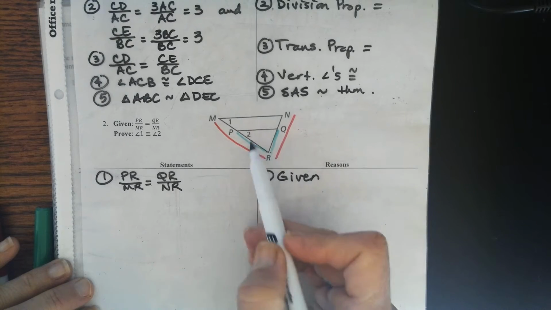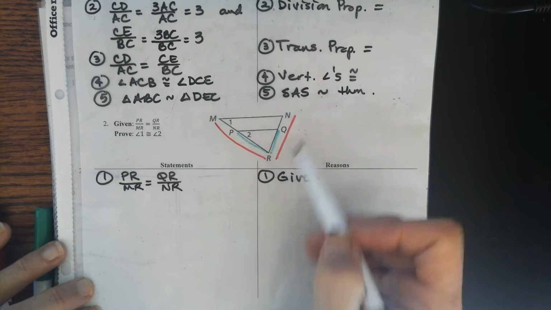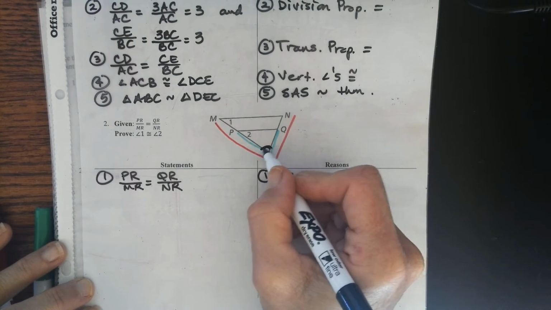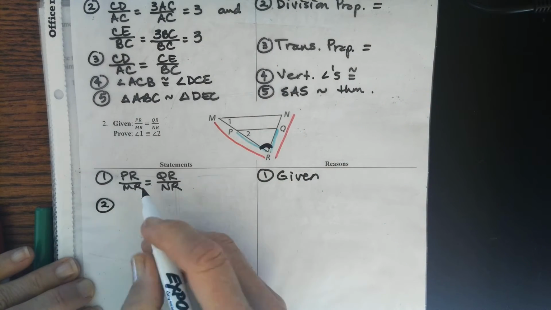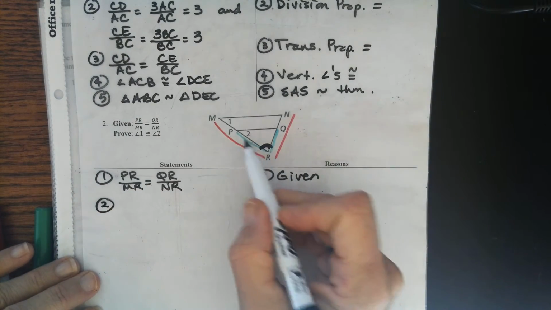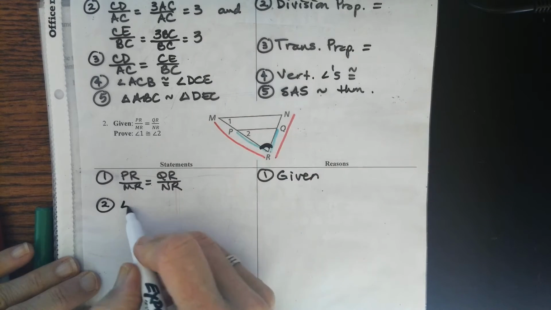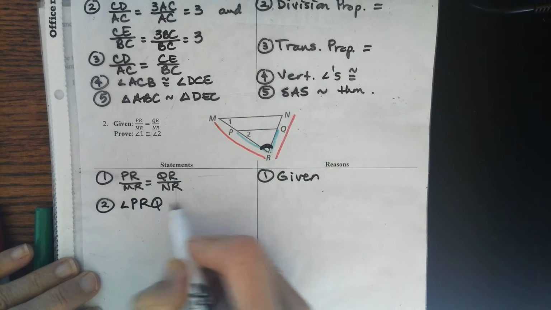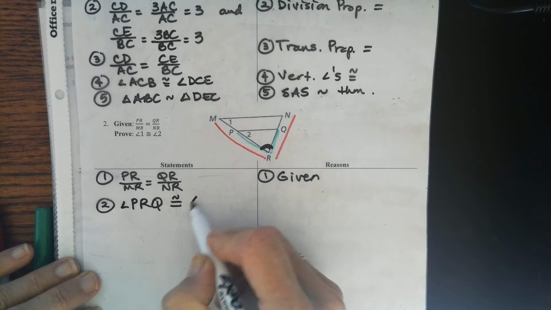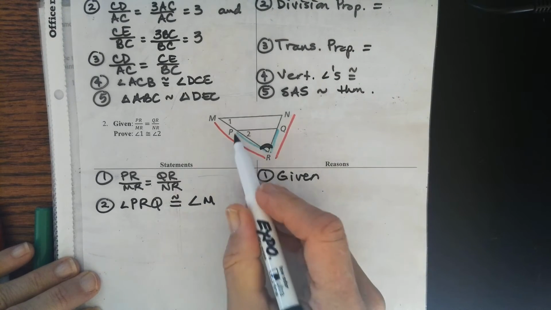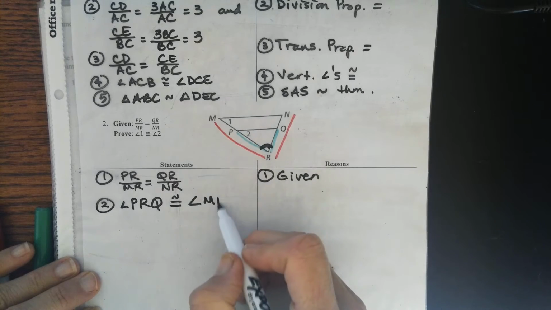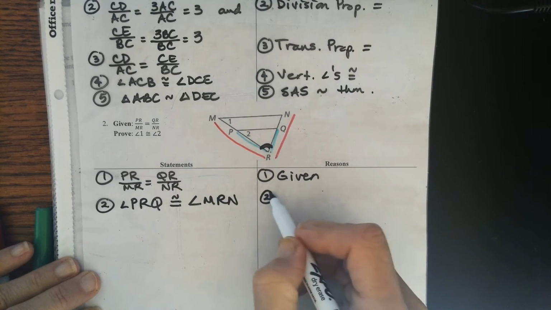Well, in this small green triangle and this big one, you should notice that they both share this angle. This small one is PRQ, and it is congruent to the big one, MRN. PRQ, MRN, just making sure I write the right direction.